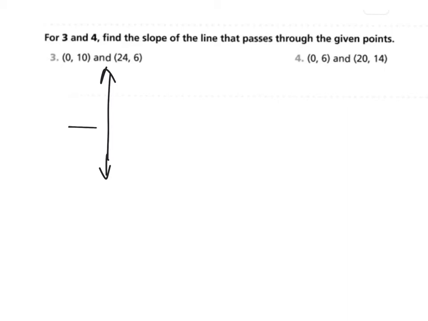Or like I said, if you want to, we can just sketch out what's happening here. 0 for the x, 10 for the y would be something like that. 24, 6. Whoops. 24, 6: over 24, up 6 would maybe be up here.